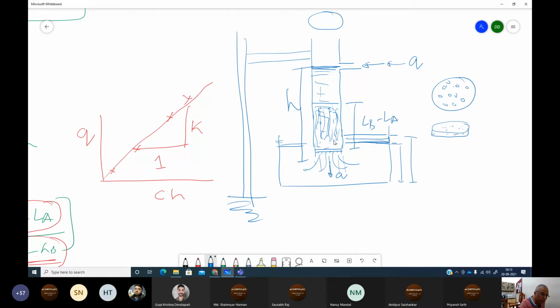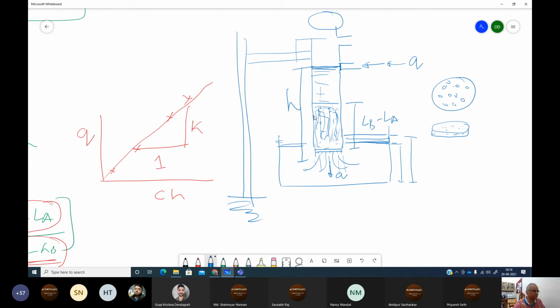Then we stop this, and we make another one here, a little above, because this pipe is already made. So we increase the potential height H. As we are increasing the potential height, our Q will increase for the same 5 minutes.